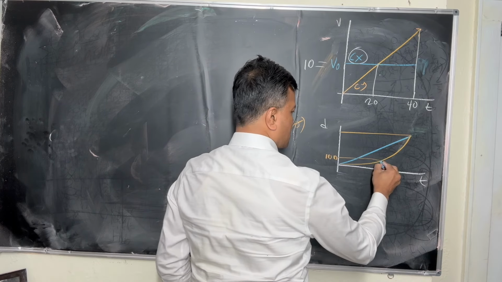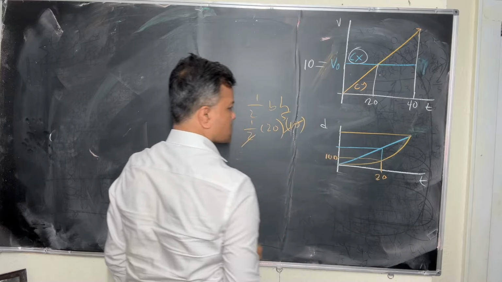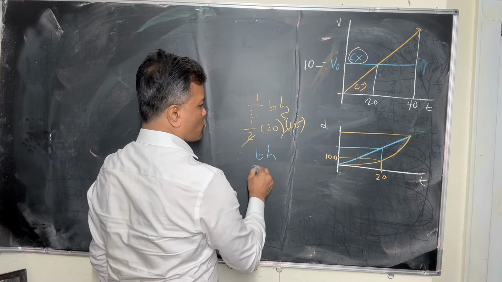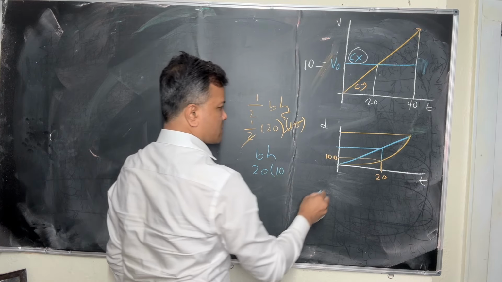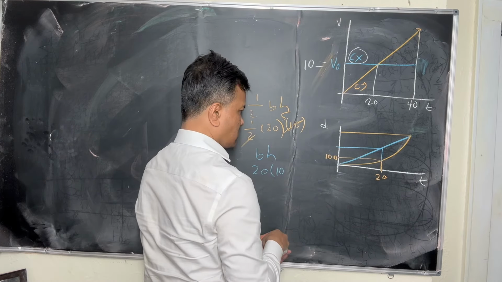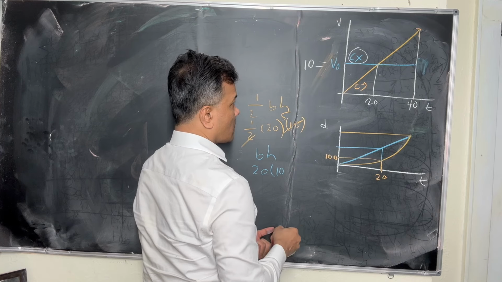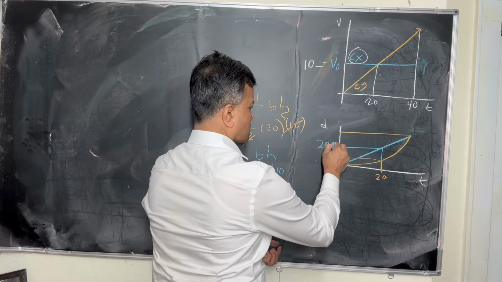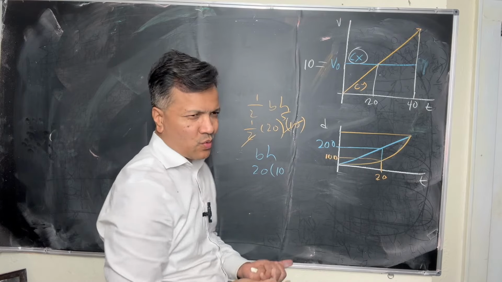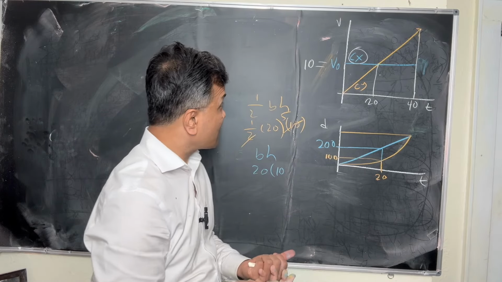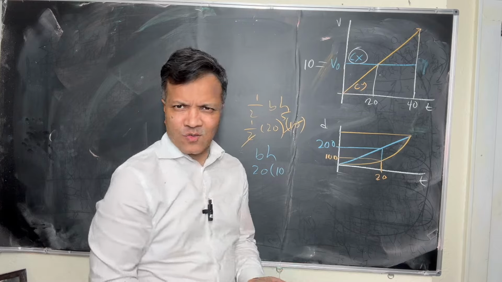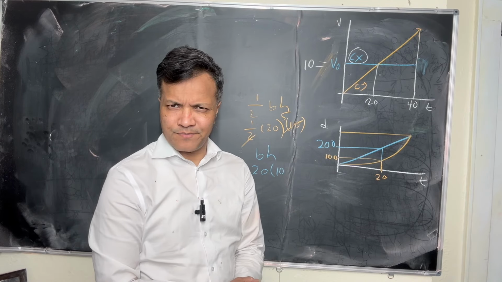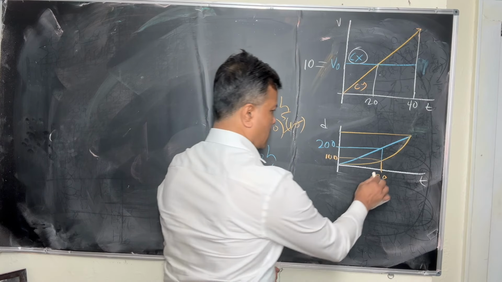At 20, the car X moves BH, B is 20, H is 10, so 200. So the answer to question number 1, of course, is that car X is way ahead of car Y at 20 seconds.